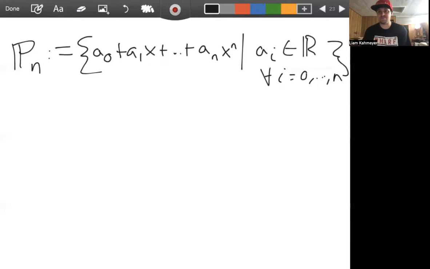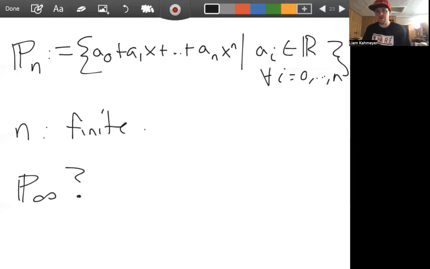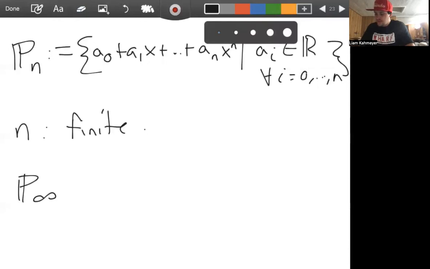This is for finite degree. What about P infinity, where it's like infinite polynomials? And we understand infinite polynomials, excuse me, as series, right? And we don't write P infinity per se. I mean, you can think about it in terms of this notation, but really what it is, let's write it like this.